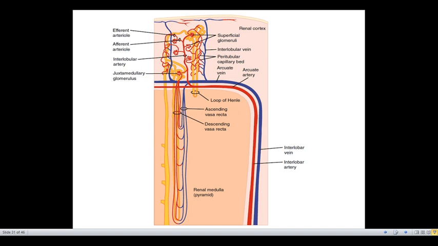Again, in this figure, note that the peritubular capillaries are present in the renal cortex and are more coiled in structure, while vasa recta extend deep into the renal medulla and form hairpin loops, having descending and ascending parts.